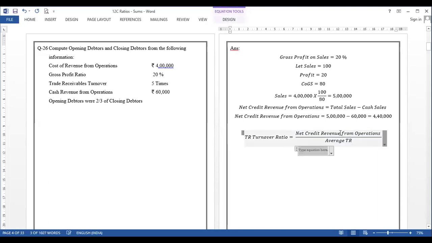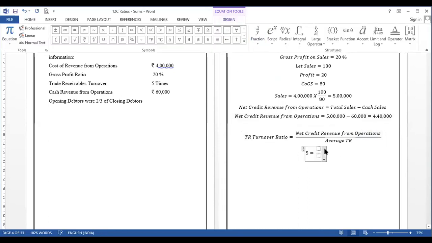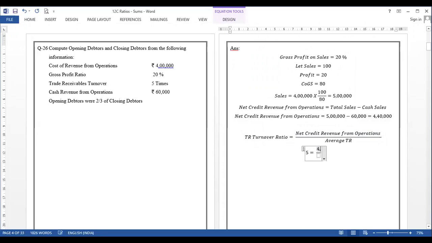The ratio is given as 5 times, that is equal to net credit revenue from operations, which has come to 4,40,000, divided by average trade receivables, which is not there with us.